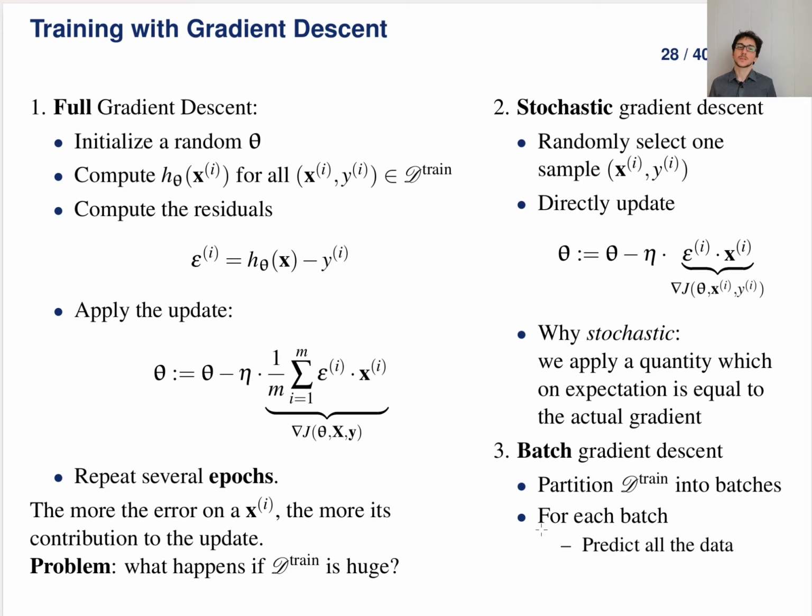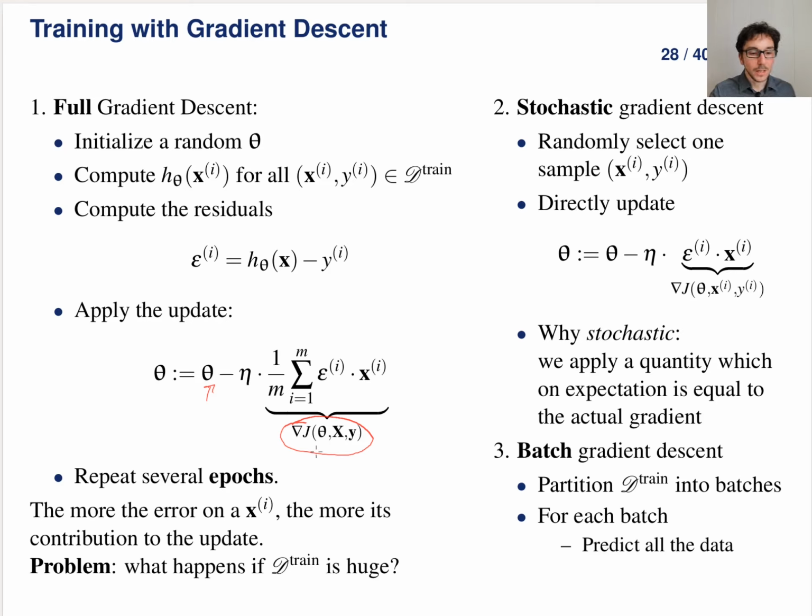Now, you have different strategies to perform gradient descent. The simplest one, conceptually at least, is the full gradient descent, meaning that every time you compute the entire gradient of the loss function and you update the parameter vector with this value.